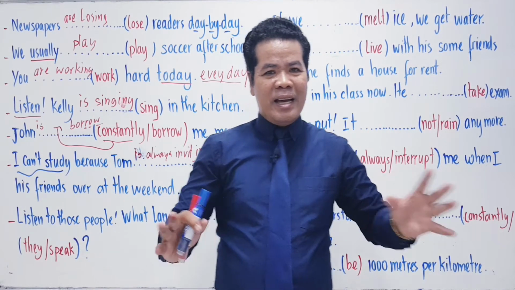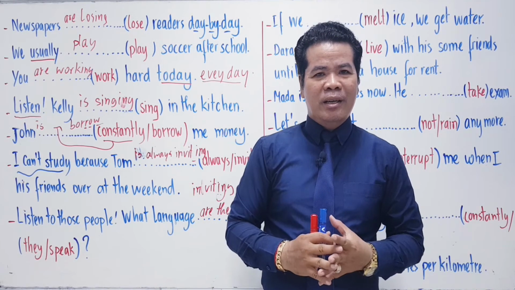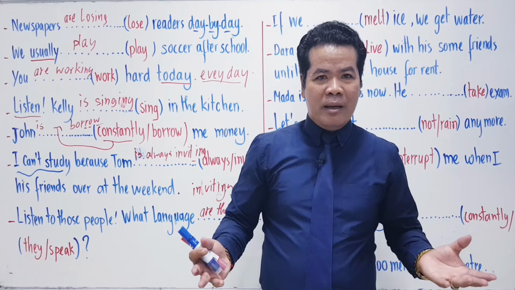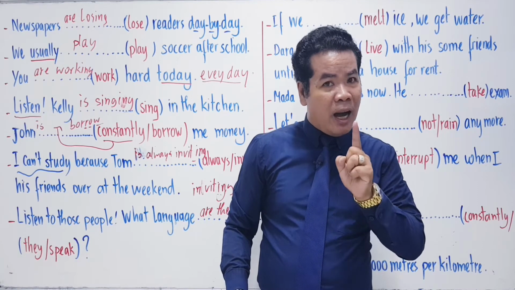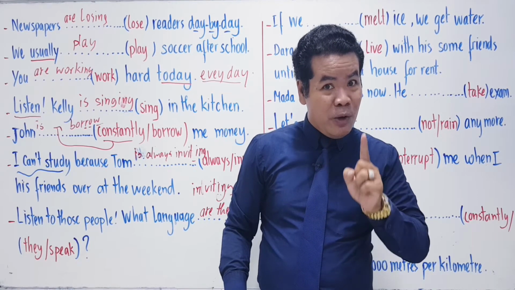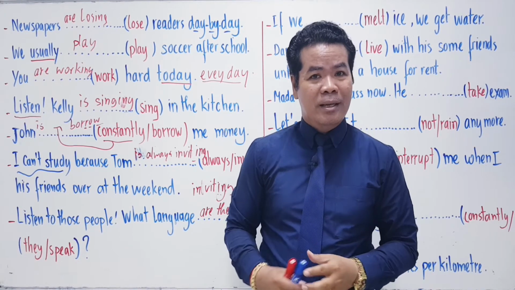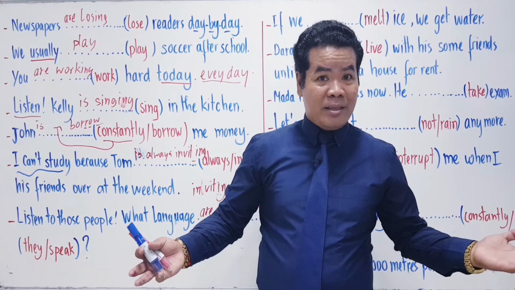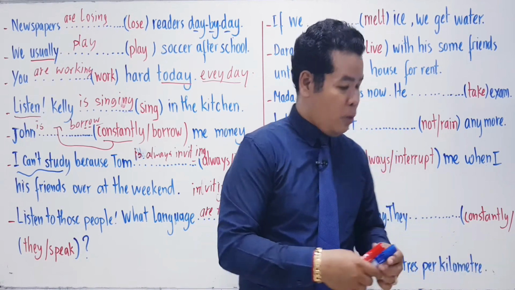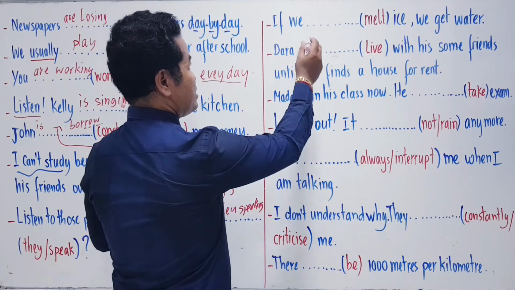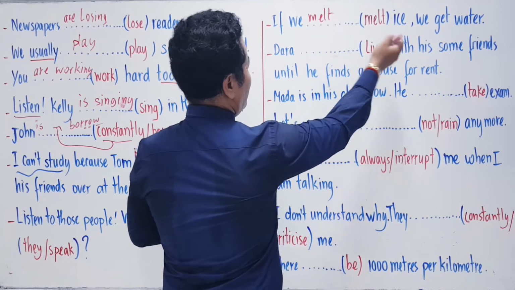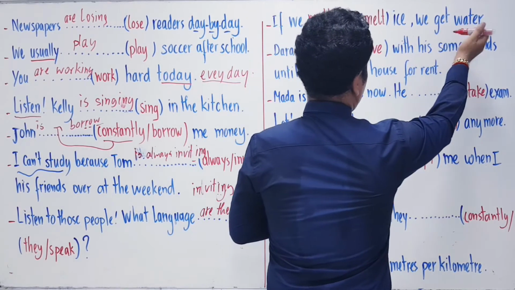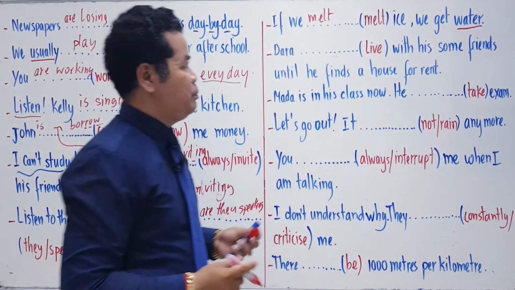So, is it the nature, or is it not the fact? It is a fact. It is the nature. If you melt ice, you will have water. It's a fact, it's the truth. So we use present simple here. So if we melt ice, we get water.